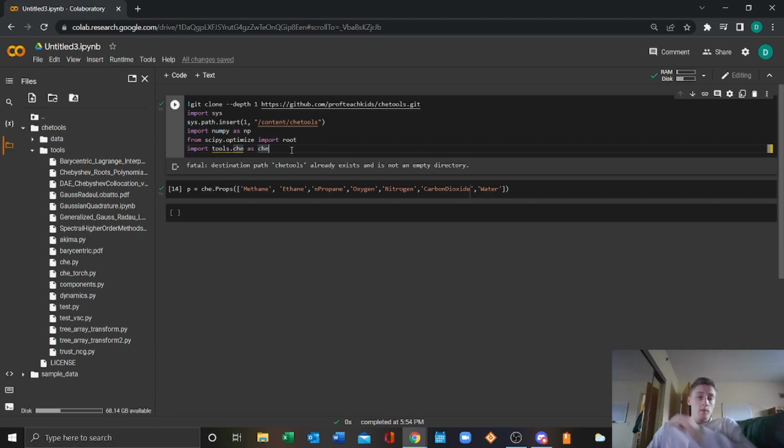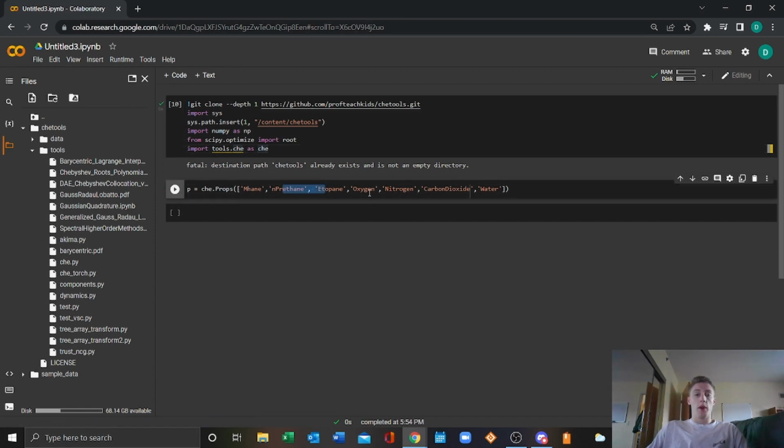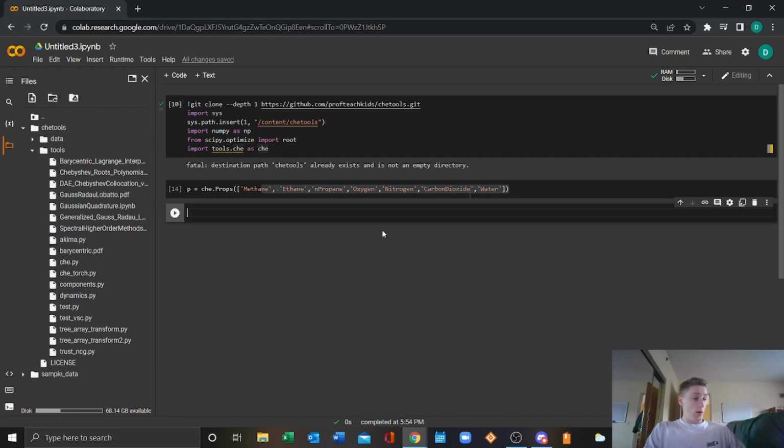All I did here was grab the properties for methane, ethane, propane, oxygen, nitrogen, carbon dioxide, and water, all of the components of the reaction that we're going to be doing. So what we want to do now is define a function that's going to have our integrated terms from the CP equation that I was writing earlier.